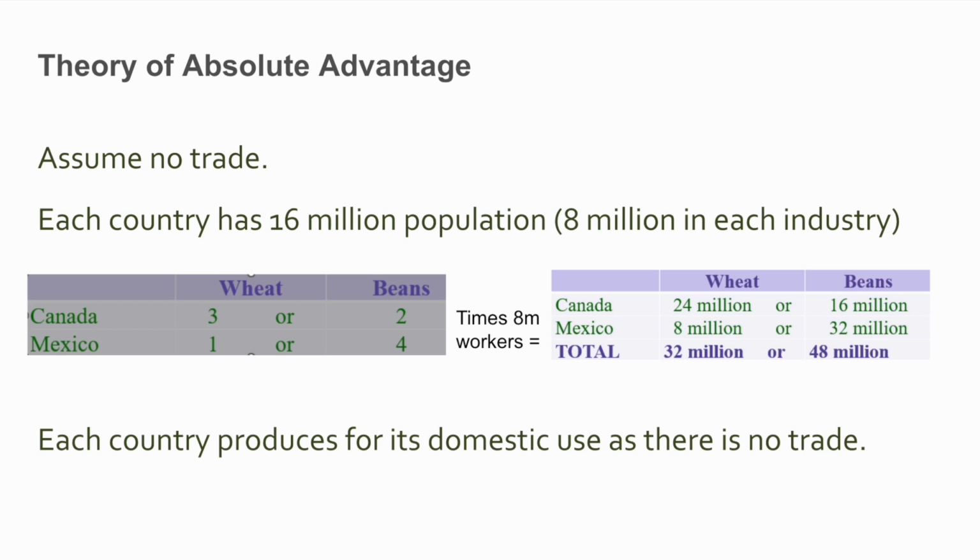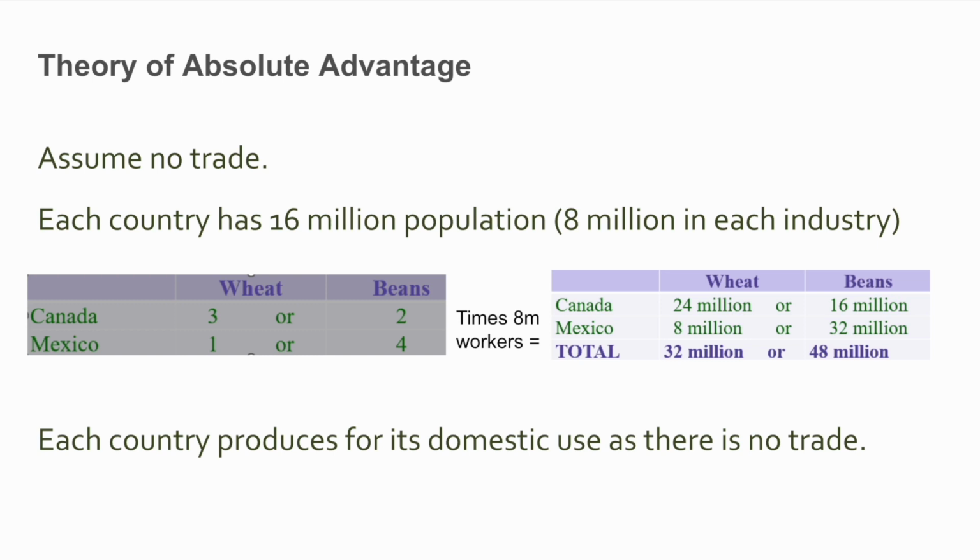Mexico says, okay, let's do the same thing. We got about 16 million people too. We're going to put 8 million of them to work making wheat. They produce 1, so 1 times 8 million is 8 million. And in beans, they get 4 beans per worker, so 8 million workers times 4 is 32 million. So you can see that, again, Canada is not making as many beans and Mexico is not making as much wheat.